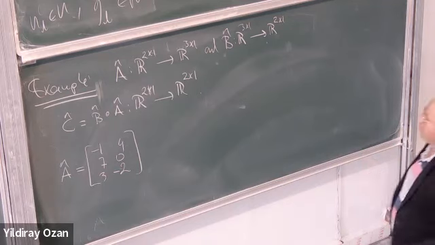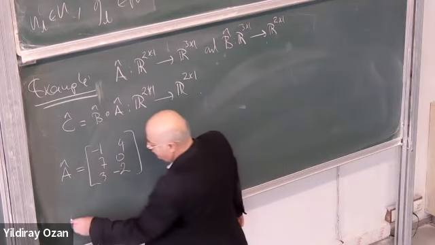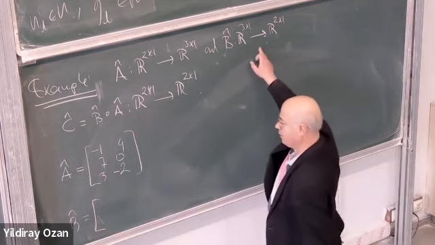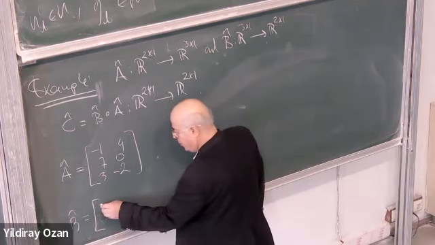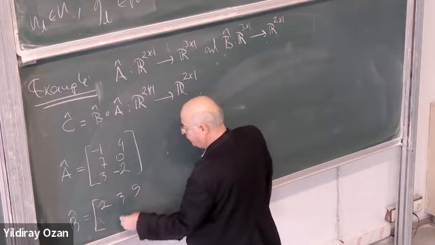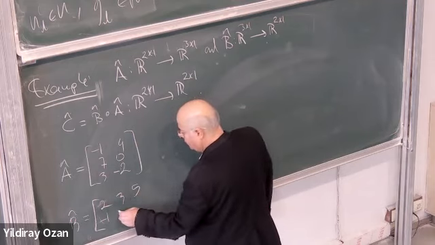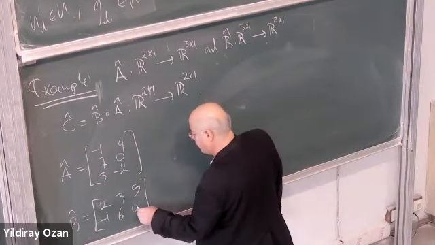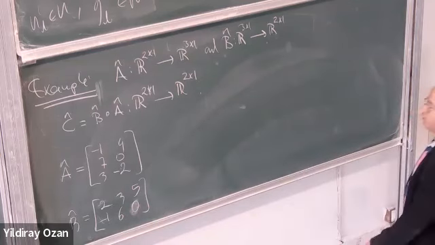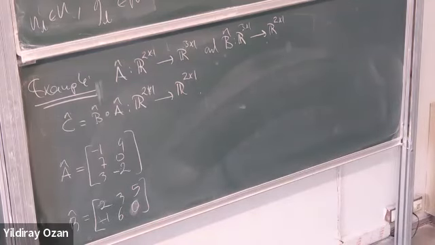Evet. B hat, okay, 2, 3, 5, -1, 6 and 0. Suppose it is this one.